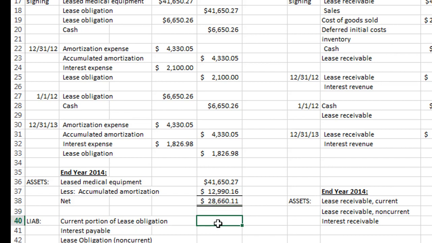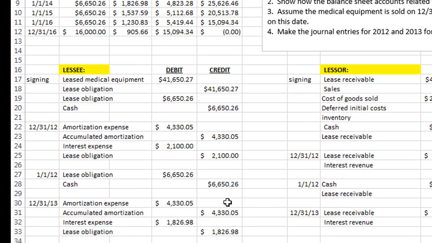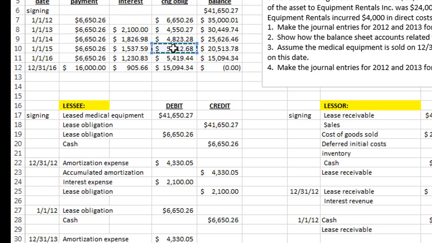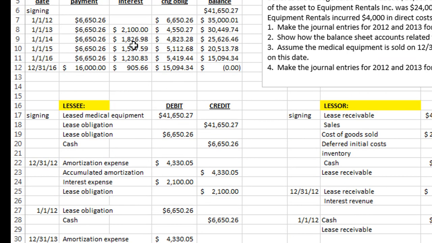All right. And now what about in the liability section? So now we want the current portion of the lease obligation. The current portion of the lease is going to be the principal portion that they're going to pay in 2015. So let's see, what's that going to be? The interest payable is going to be what's going to be accrued in 12/31/14.